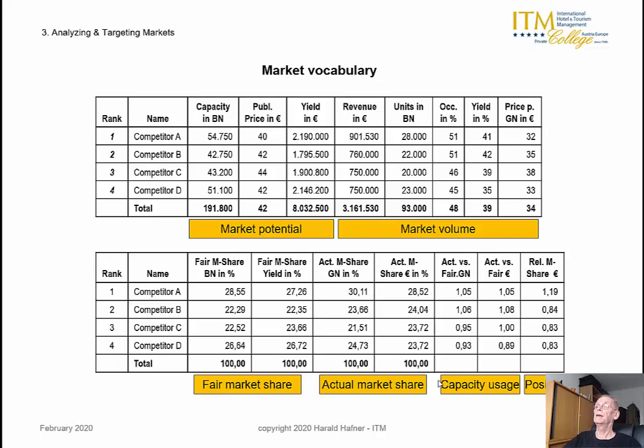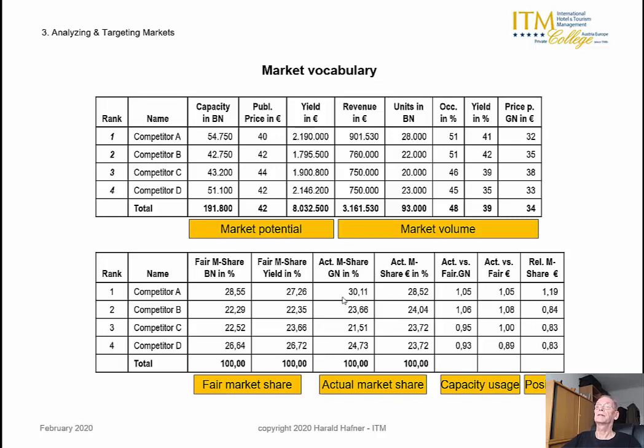And now you have some indicators that are quite smart. You can calculate the capacity usage of each of the hotels, either in guest nights or in euros, by dividing the actual market share, for example here in guest nights, by the fair market share.